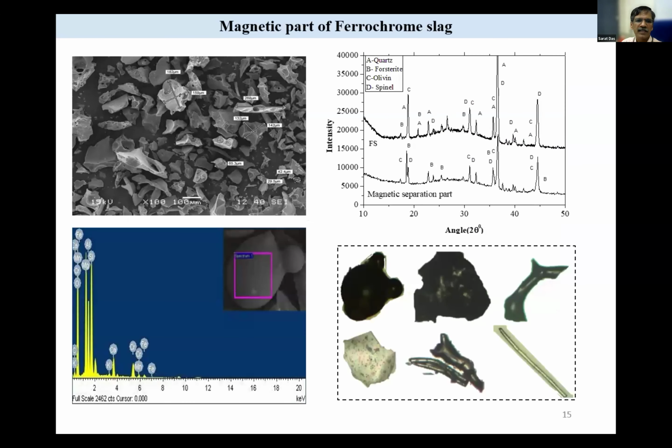So this is further what I have told you. Sometimes we separate it through magnetic separation, thereby taking out some of the chromium and other iron compounds, making it dominant in alumina silicate, which we call quartzite, or close to our natural sand.